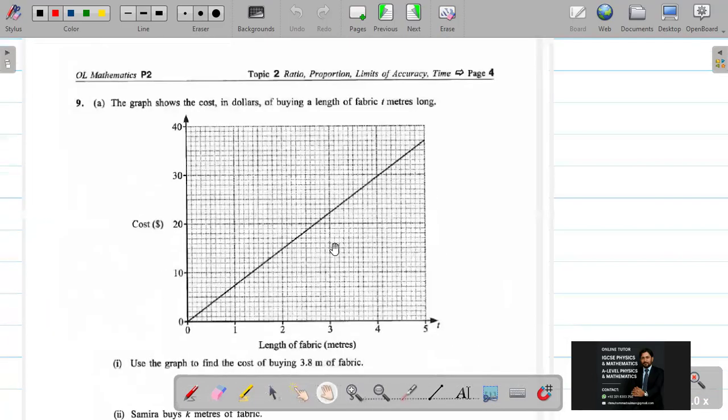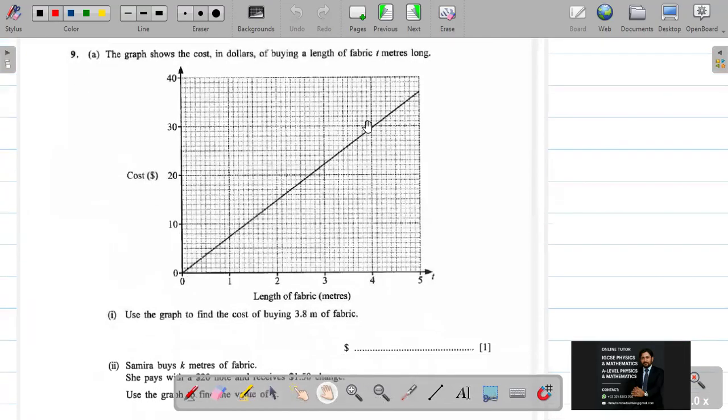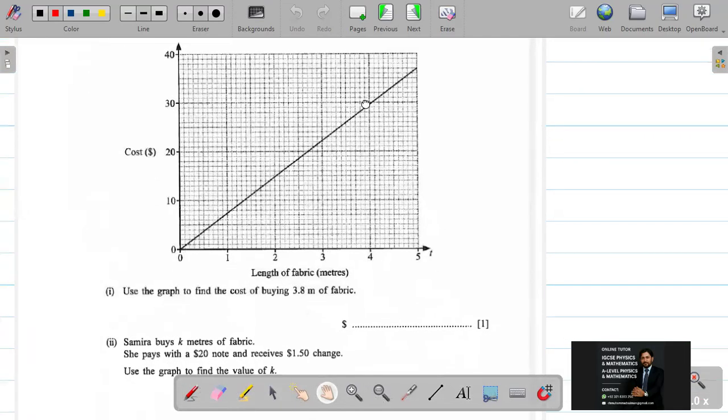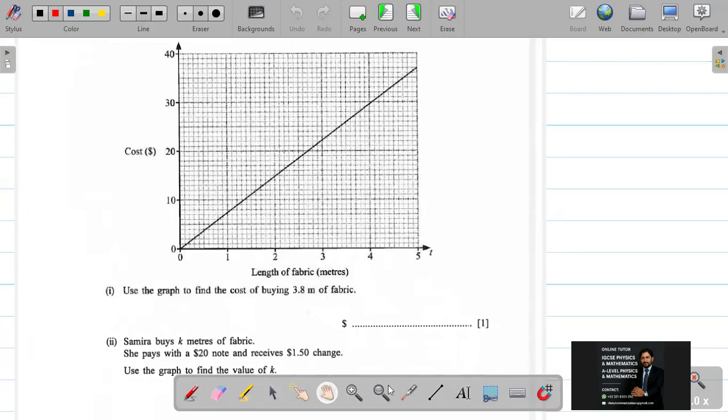Let's move to question number 9. Here he is saying the graph shows the cost in dollars of buying a length of fabric, T meters long. Use the graph to find the cost of buying 3.8 meters of fabric. Counting along the axis: 3.1, 3.2, 3.3, 3.4, 3.5, 3.6, 3.7, 3.8.